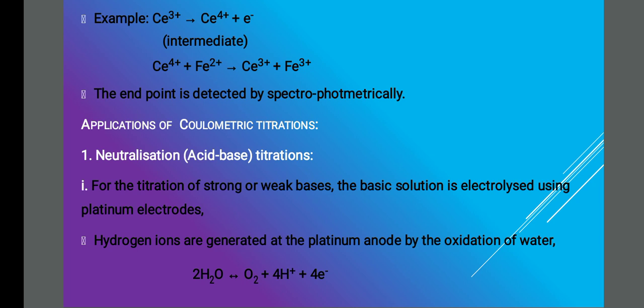This intermediate will react with the ferrous ion Fe2+ to give you Fe3+. Fe3+ is our product, plus Ce3+ will be formed. Is it okay? And the end point is detected spectrophotometrically.